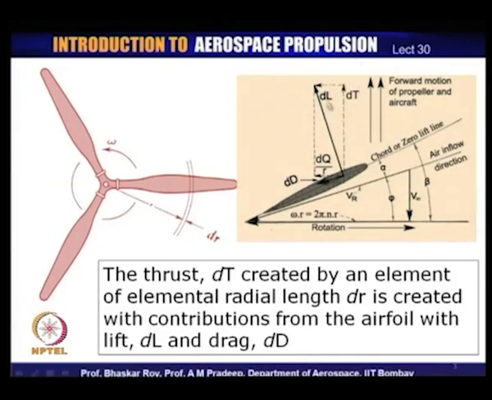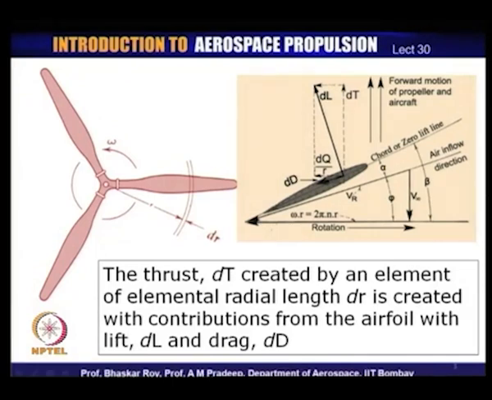So, the lift and the drag are the characteristics of the propeller. The torque is what is supplied by the engine, and if all these things are matched together properly, we get an elemental thrust dT, which is what you would require to fly the aircraft when all the elements are put together of a particular propeller.